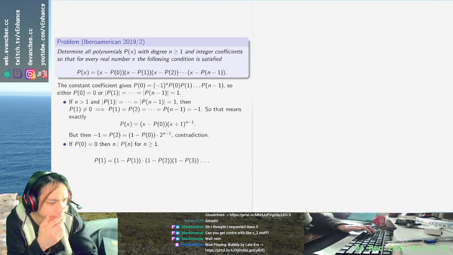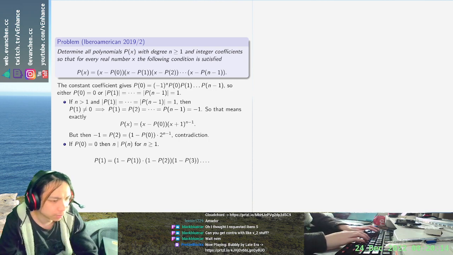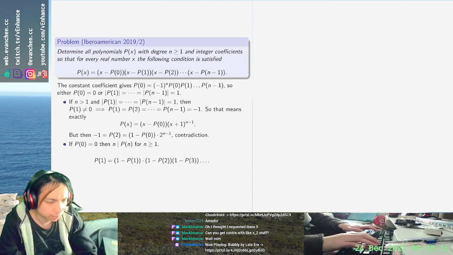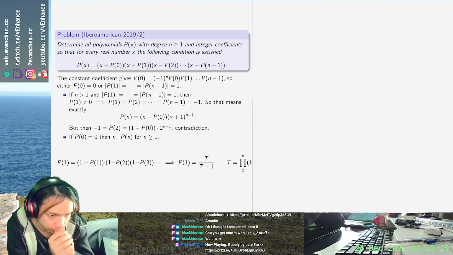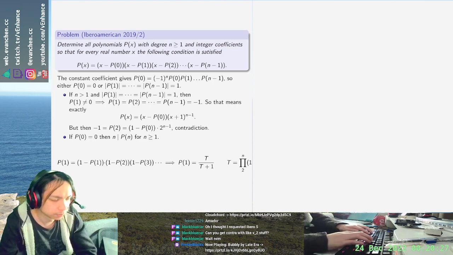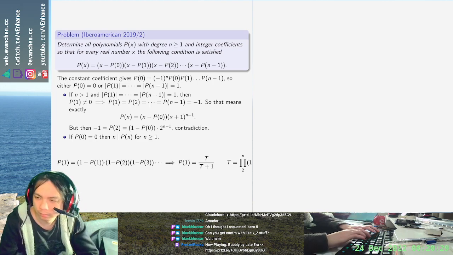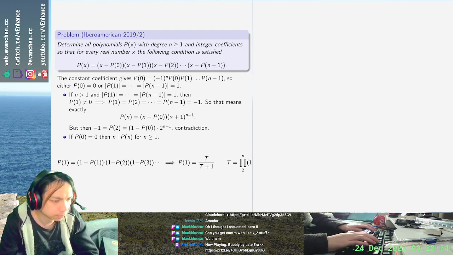Actually, can I do this with any value of... Yeah, this doesn't feel like it should work for integers.